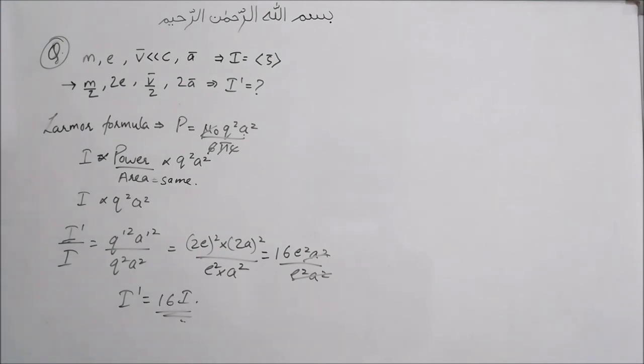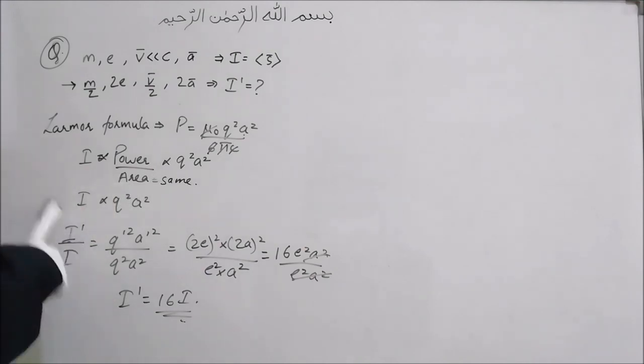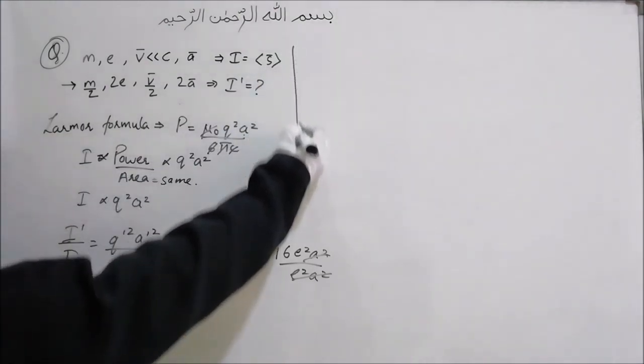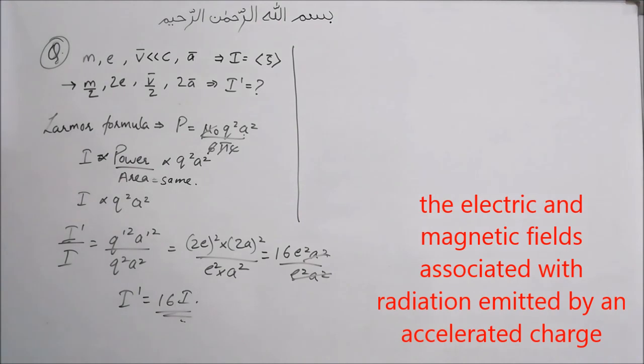So even though we didn't know exactly what the intensity was, using the other formulas we can come to that point. And one last point here is about the electric field and the magnetic field associated with radiation.